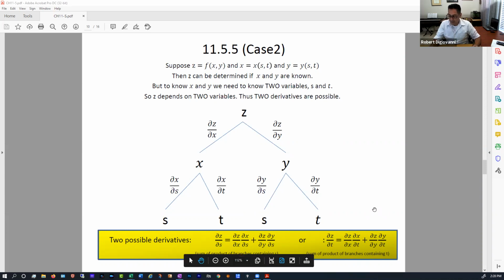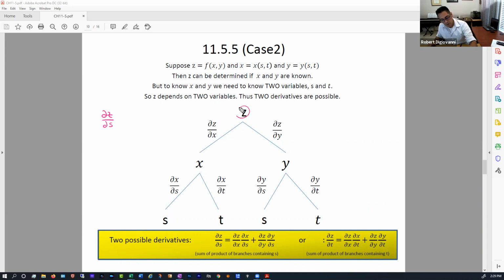One thing I could be asking myself for is the partial of z with respect to s, because z depends on s and t. Here's how I would do it. I would go first from z to x, so I do that partial, and then I go from x to s, down this branch.